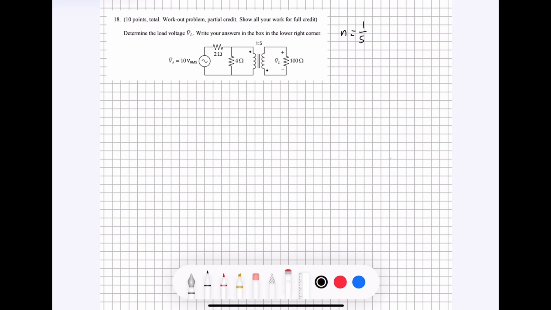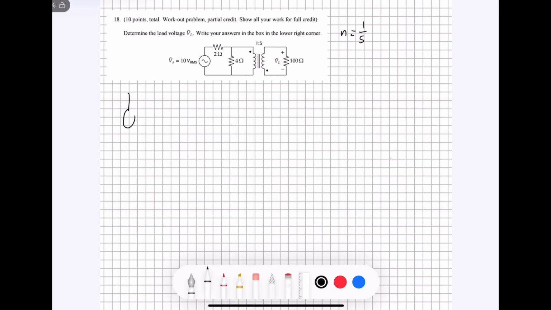We only have one impedance or resistance value on the secondary side of the circuit, so what is easiest is to move this over. If we had an equivalent circuit, a circuit that behaved the same way, but just had a resistor value right here instead of this transformer, what would that circuit look like?